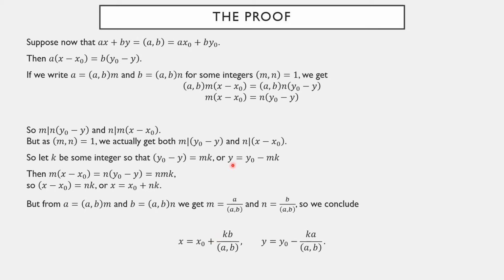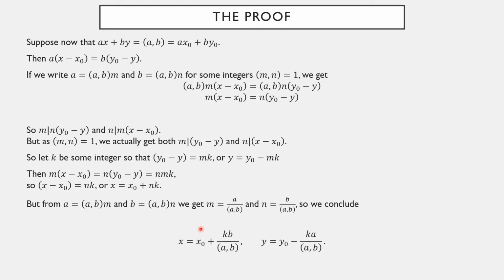We also had y is y naught minus m times k, where m can be written as this quotient, and I get that right there, and that's exactly what we wanted. If x naught, y naught is one solution, and I happen to find any other solution, x and y must be of this form where k is some integer. And this some integer k showed up back here.